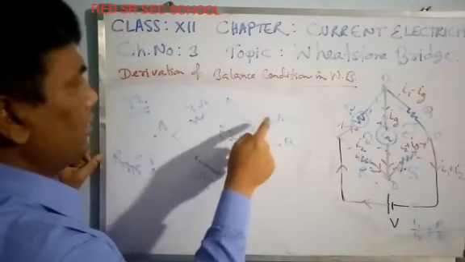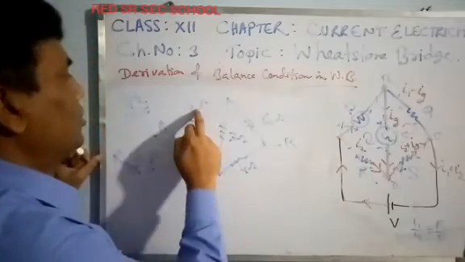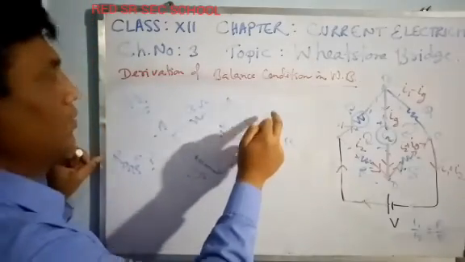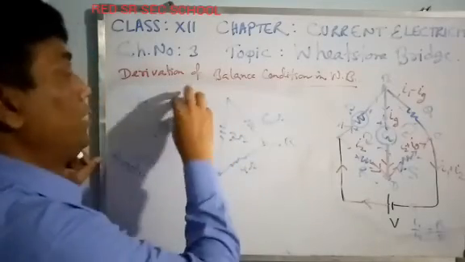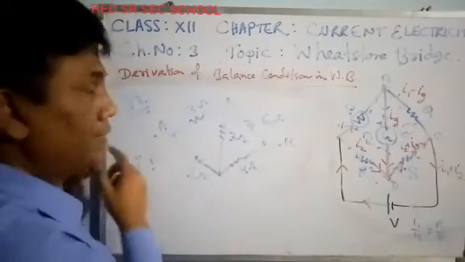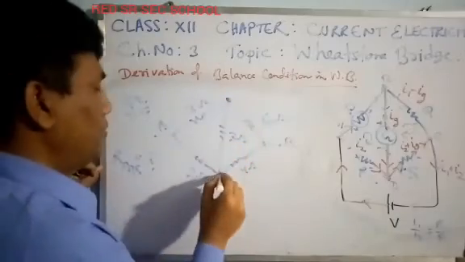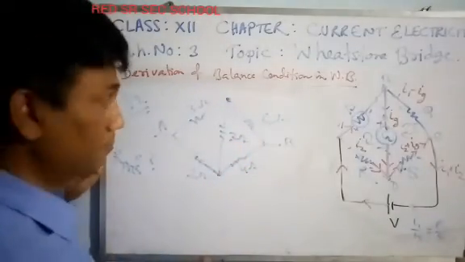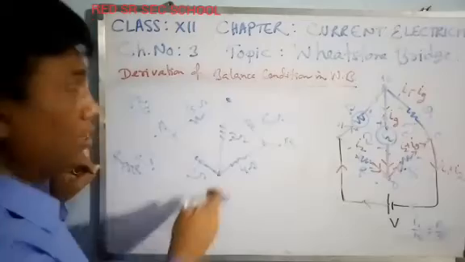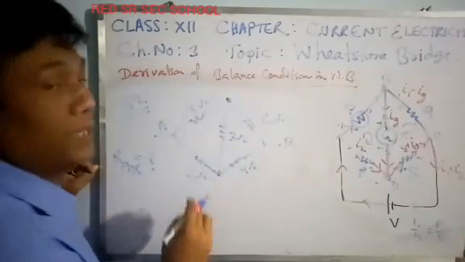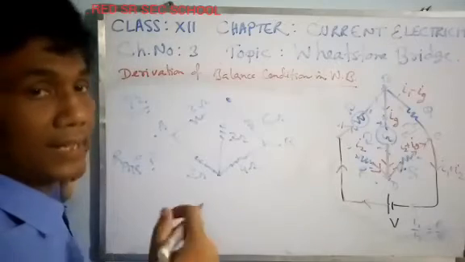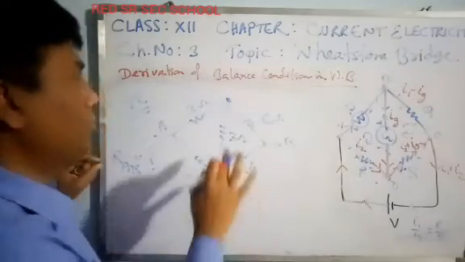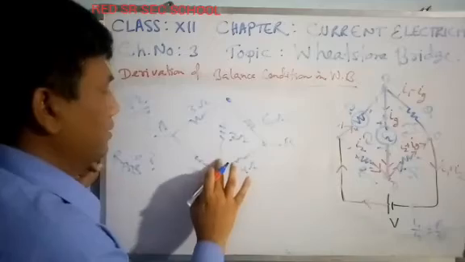This is 3, 6, this is 2, 4. 3 is to 6 is nothing but 1 is to 2. This is also 1 is to 2. It means P upon Q equals R upon S is already there. This means this point and this point will be at the same potential. No current will be flowing through the 3 ohm, so the 3 ohm will not offer any opposition. As current is not there, what is the use of this?